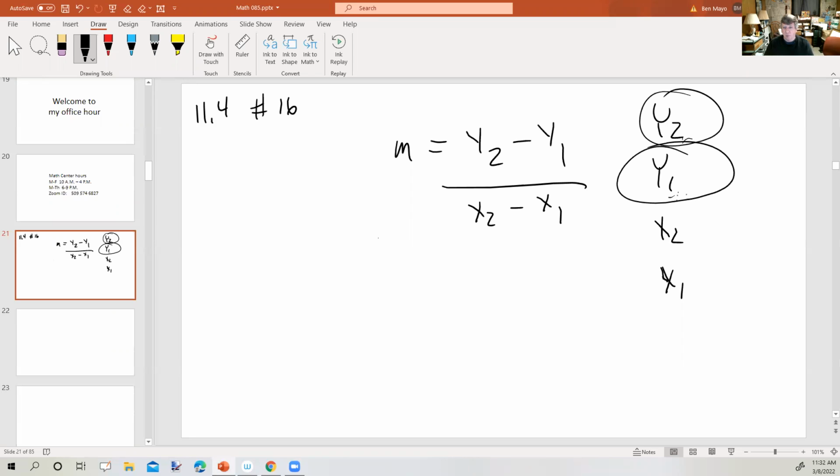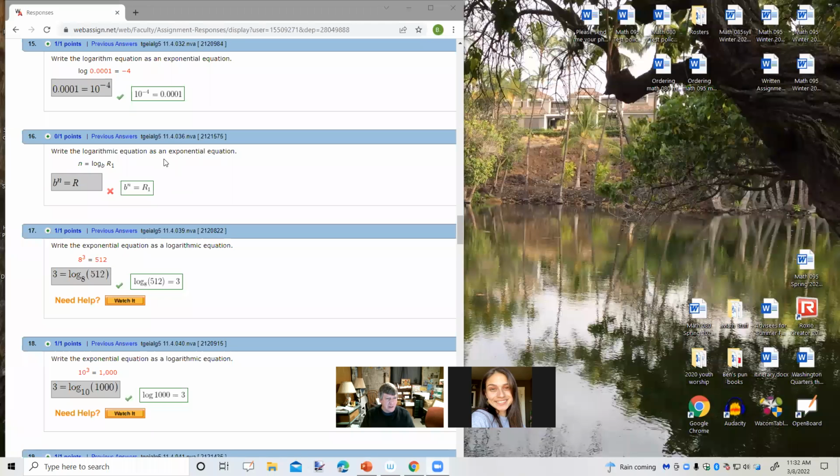Okay, I wanted to point that out because let's take a look at the WebAssign problem. Write the logarithmic equation as an exponential equation. n equals log base b of r sub 1. Now, b to the n equals r is wrong, but what's wrong with it? They left off the subscript of the 1. So that's the only thing wrong with that.